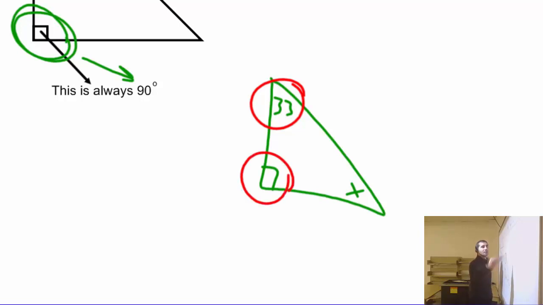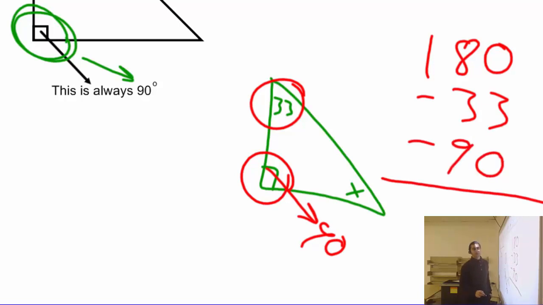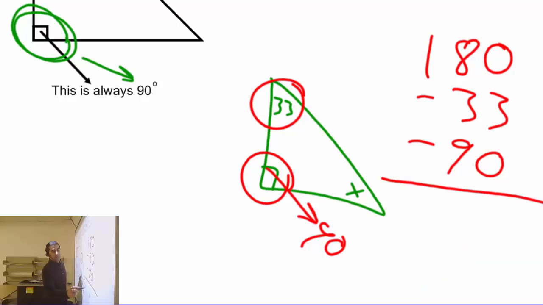So we can subtract from 180. Subtract it by 33. You already know this means 90. So subtract 90. That will give you the number 47. So that X would be 47 degrees. Those are all the rules you have to know.